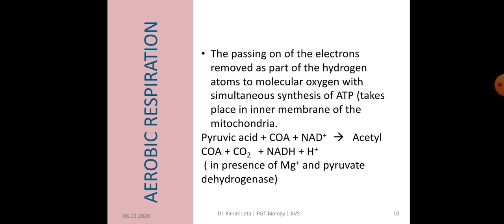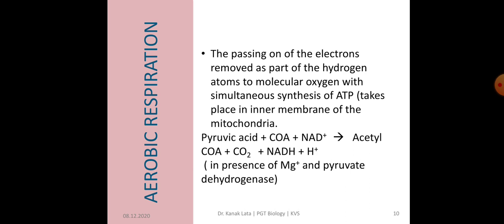Now the second event is passing on the electrons removed as a part of hydrogen atoms to molecular oxygen with simultaneous synthesis of ATP, and this takes place in the inner membrane of the mitochondria.